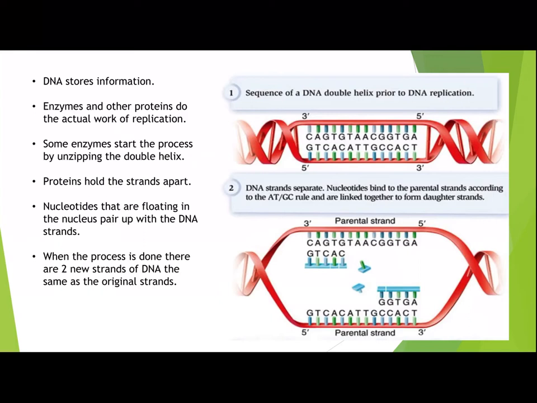So if you look at number 1 of this image, we see that on the left we have C with G, then we have A with T, G, C, T, A, G, C, so on and so forth. The order, or in other words, the sequence of that string of letters determines what that DNA codes for, what proteins it makes.